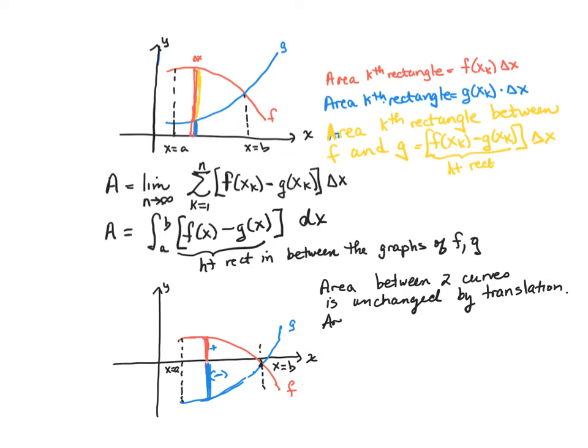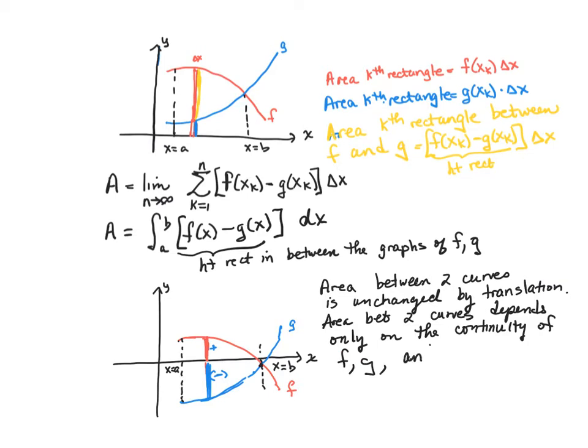The area between the two curves depends only on the continuity of f and g and the fact that one is above the other, not on their position with respect to the x-axis.